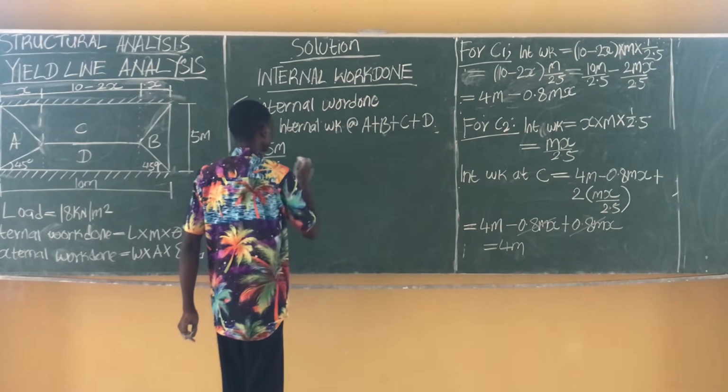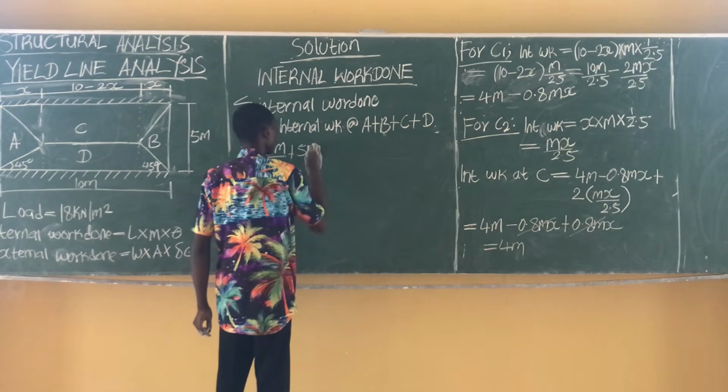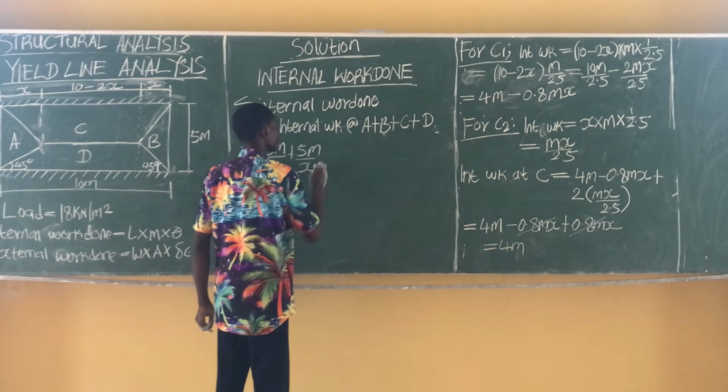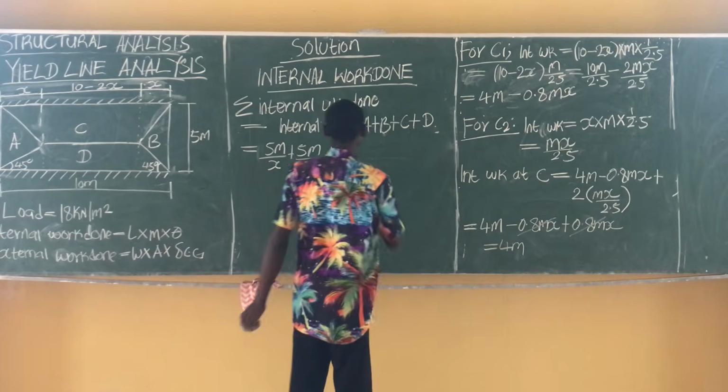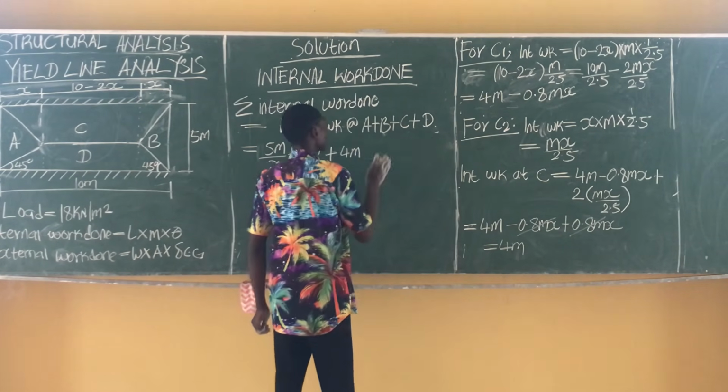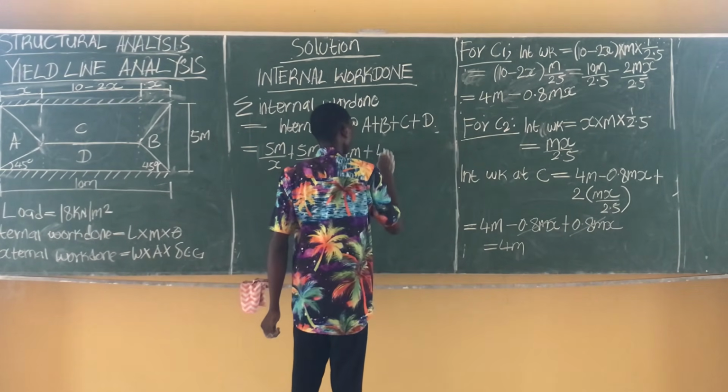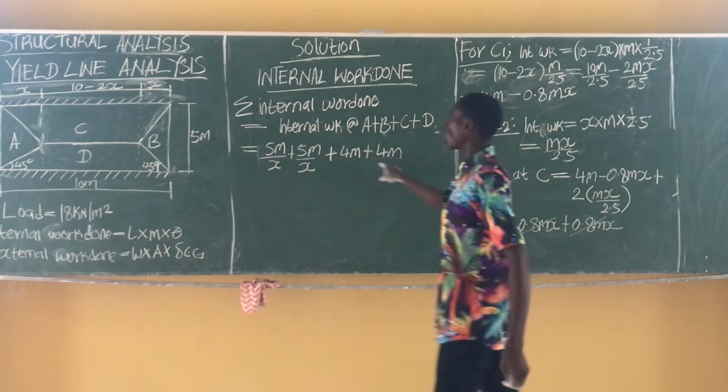The internal work done at B is the same, plus 5m over x, plus the internal work done at C is 4m, plus the internal work done at D, 4m, because they are the same segment.